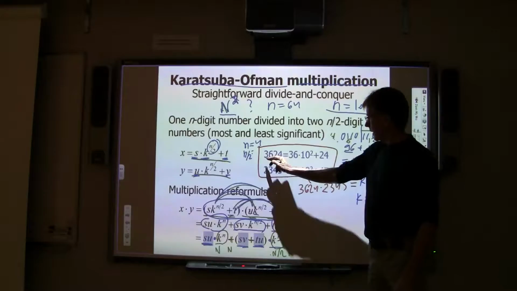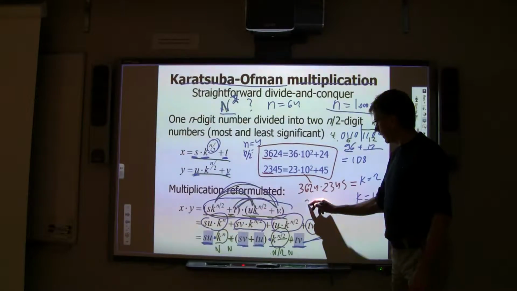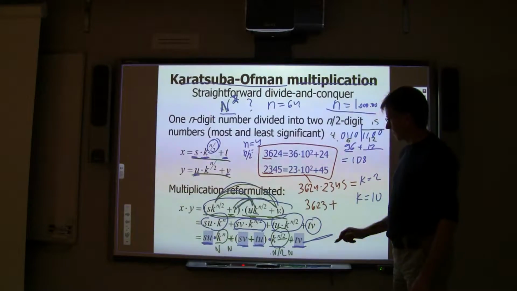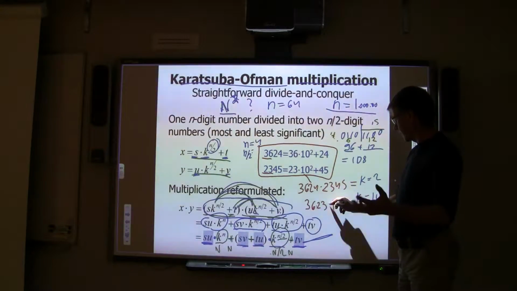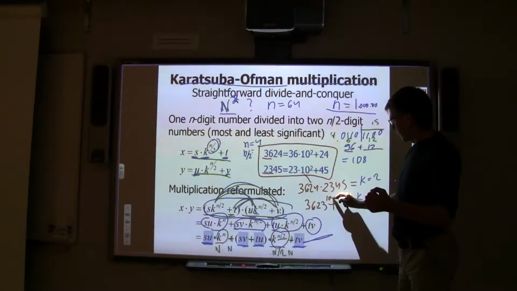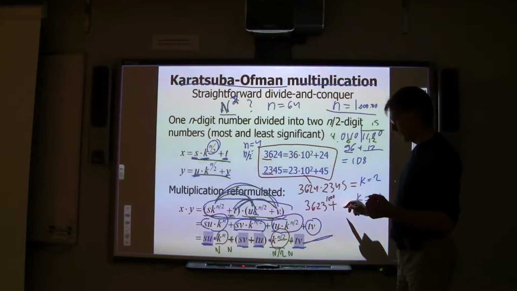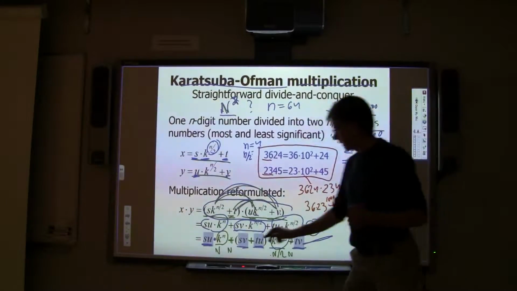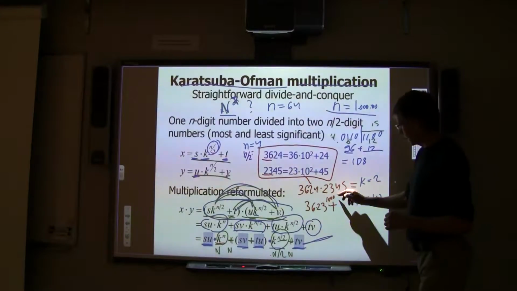So what is S? S is this one and U is this one. So I have 36 times 23 plus SV, which has to be multiplied by 100. No? This is K power N, N is 4. Actually 10,000.